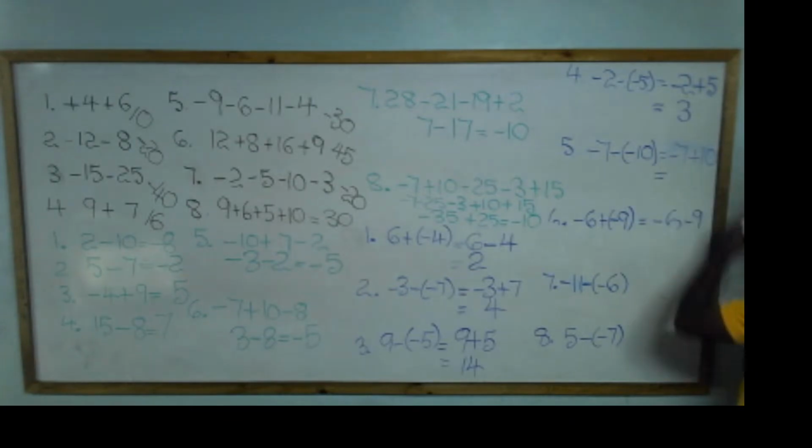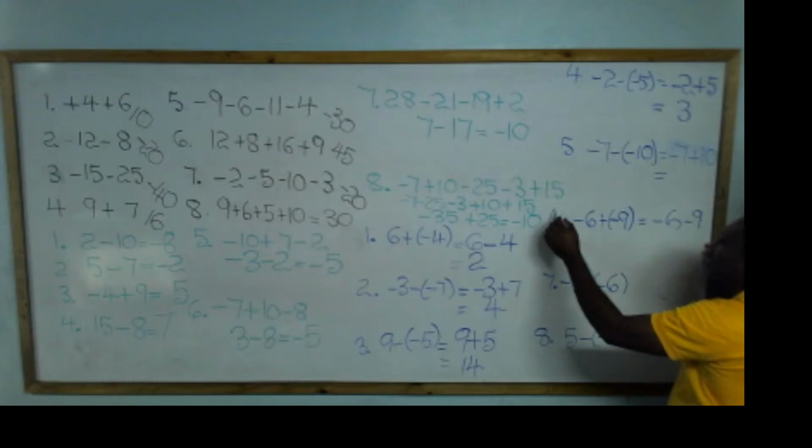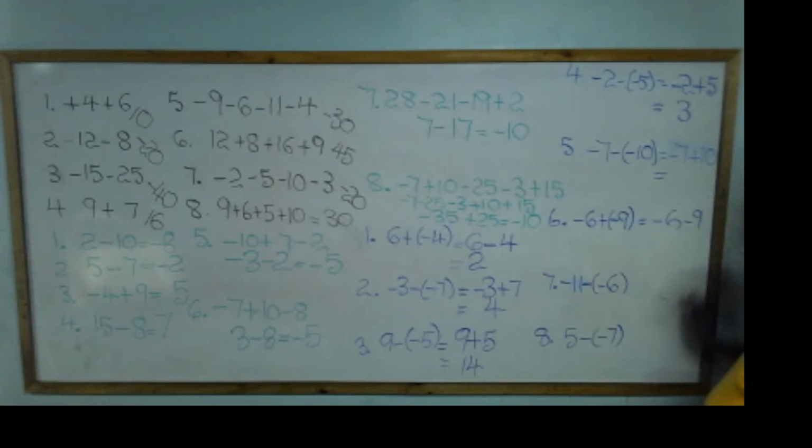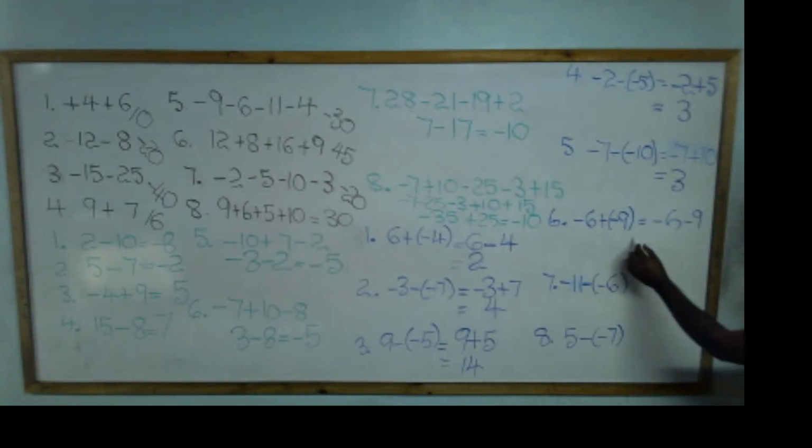There you go. So that's negative 7 plus 10, which of course is 3. And then finally, what's the final one?